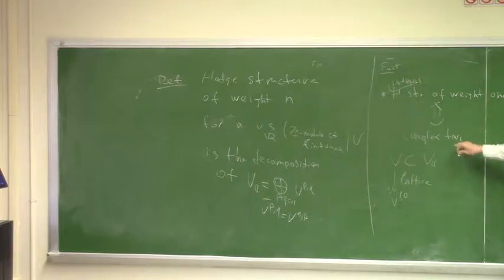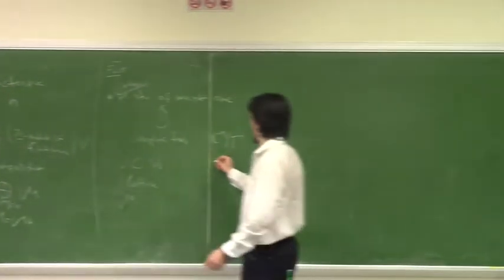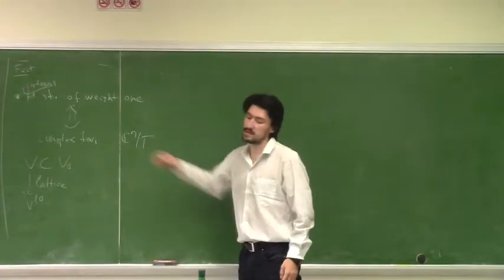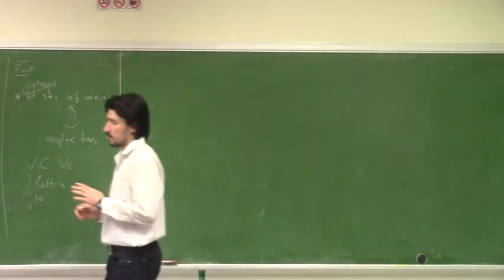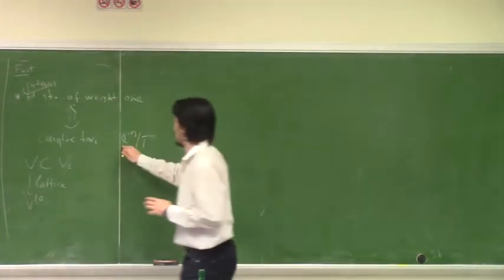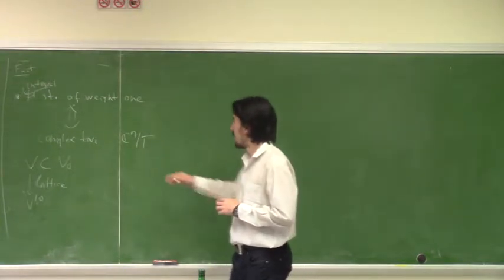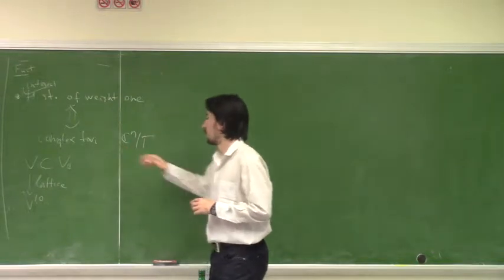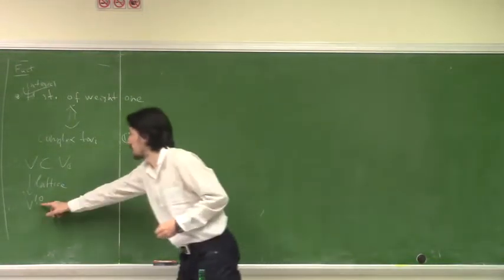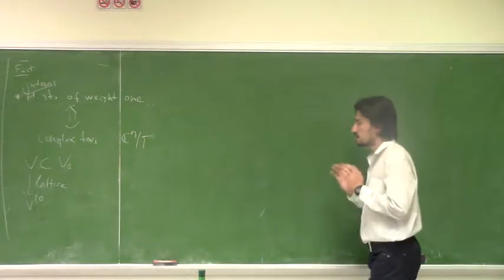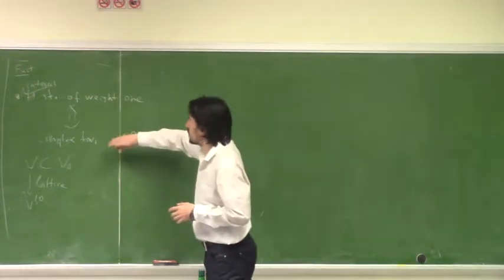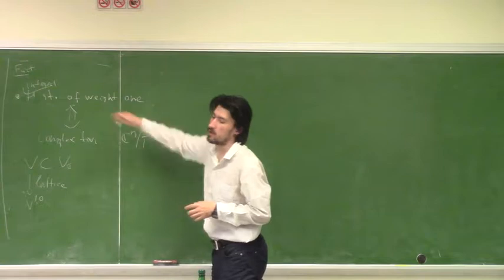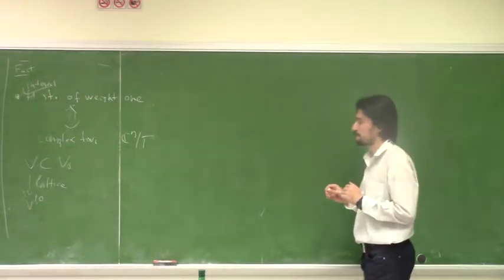Vice versa, if you start with a complex torus C^n quotient by gamma, we can think about this C^n as gamma real endowed with an almost complex structure, and consider the decomposition of gamma real into gamma real^{1,0} and gamma real^{0,1}. This is a way to identify complex tori with integral Hodge structures of weight 1.